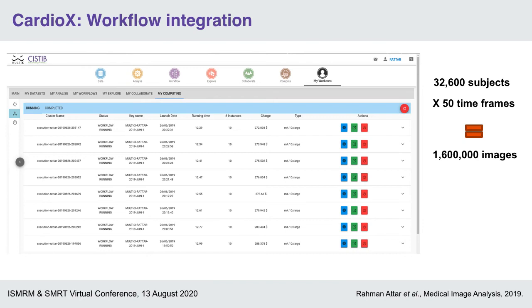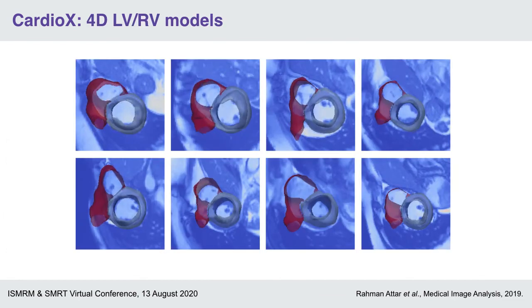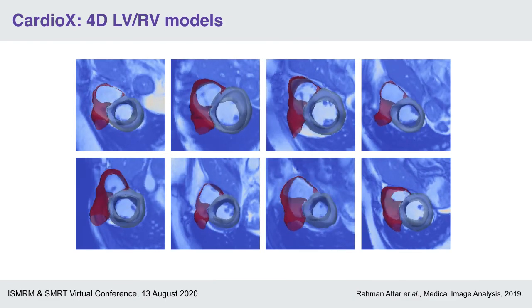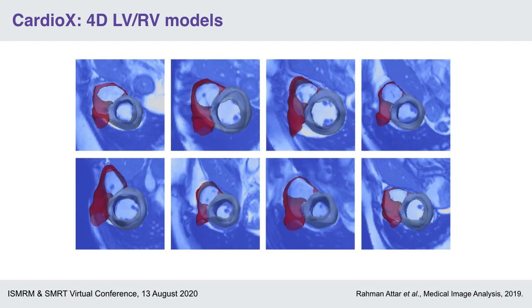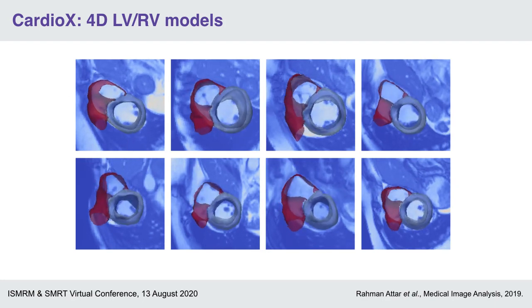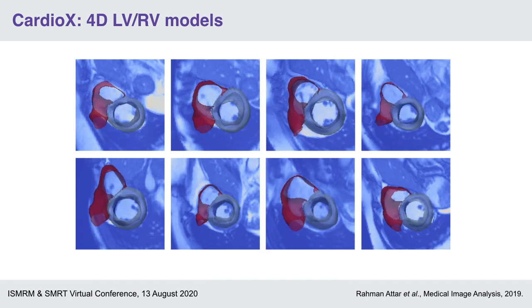And these were done automatically and finished completely in 2 days. So this is how AI can be useful to process whole large-scale data. And these are some examples of the models, the left and right ventricular models after the fitting to the MR images.